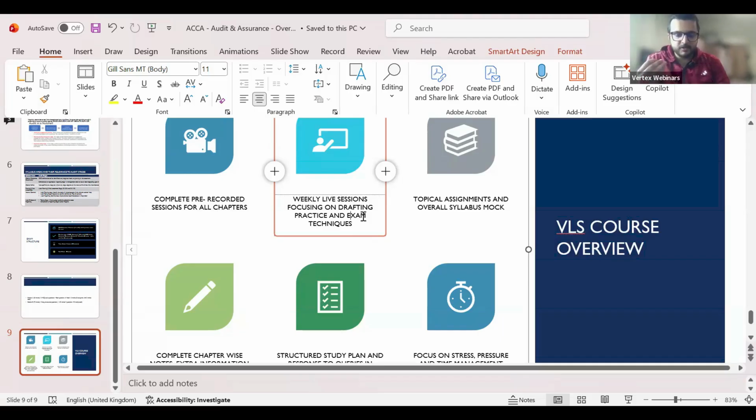You won't be able to find drafting and practice and exam techniques in your pre-recorded sessions, okay? Because pre-recorded sessions mainly focus on concept building, focus on your knowledge areas, basically the concepts, your foundation building.